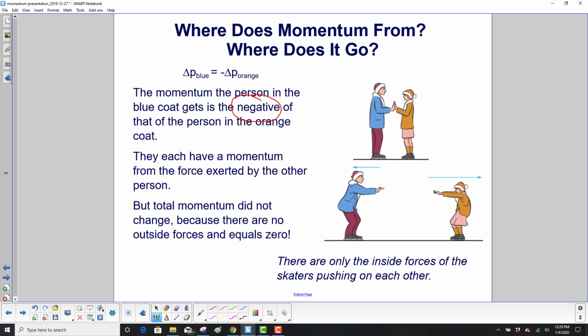They each have a momentum from the force exerted by the other person, but the total momentum of the two people here, the two objects in our system, does not change. All right, two reasons for that. One, there are no outside forces, and the other reason is this right here. You add up the two changes in momentum and you get zero because it's a vector. There are only the inside forces of the skaters pushing on each other, and that does not change the overall momentum, the net momentum, the total momentum of the system of two skaters.